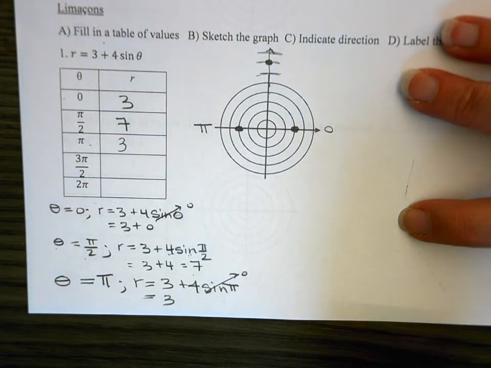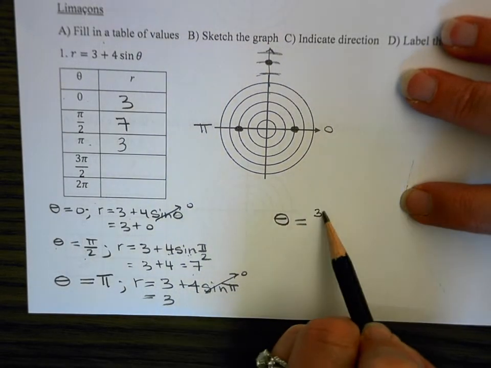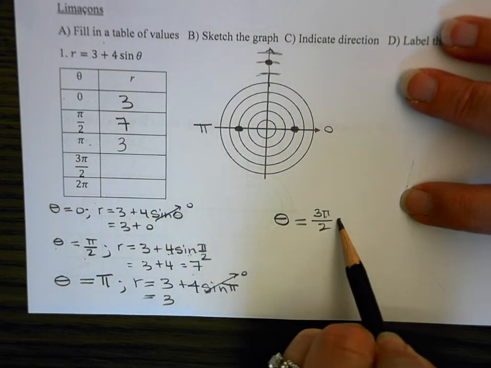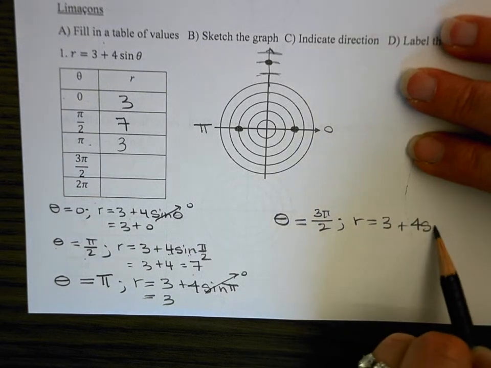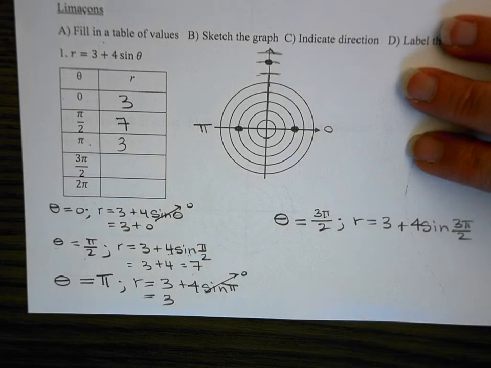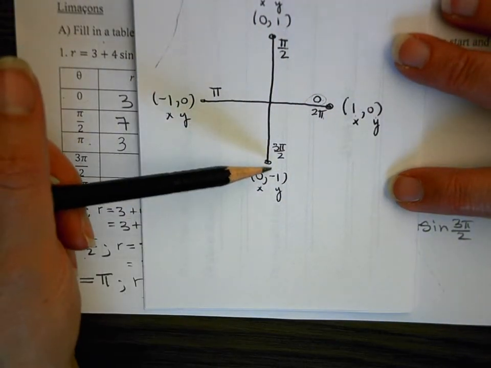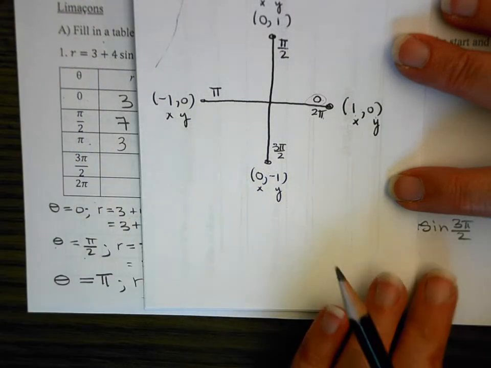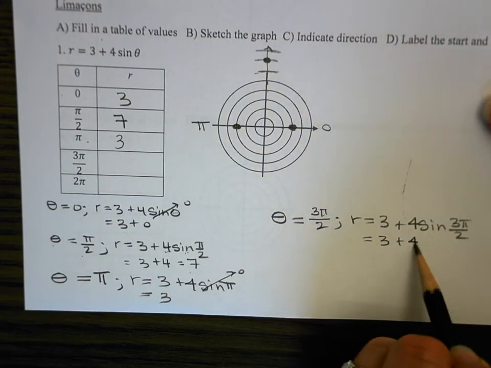And then one more here, so 3 pi over 2. So I would get r equals 3 plus 4 sine of 3 pi over 2. And then look here, 3 pi over 2 is down here. Sine is my y value, so that would be negative 1. So then I'm going to replace that with negative 1.